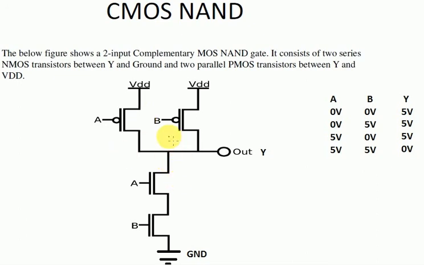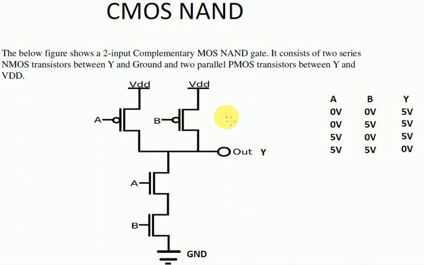Even though input A terminal PMOS is in off state, there is still connectivity between VDD and output Y through the B input terminal PMOS. Therefore, we have the output Y equal to 5 volt.